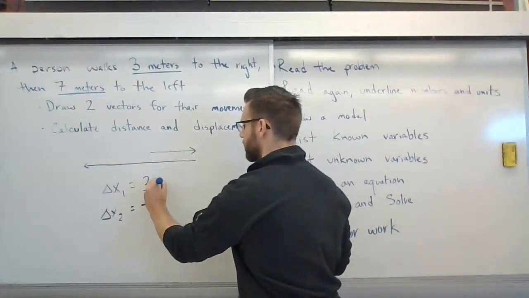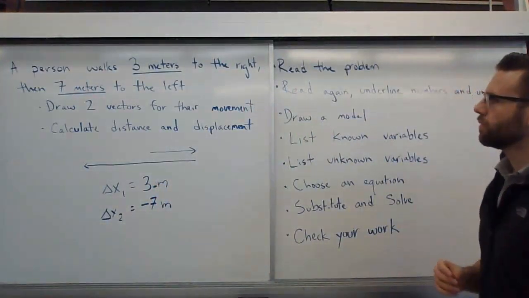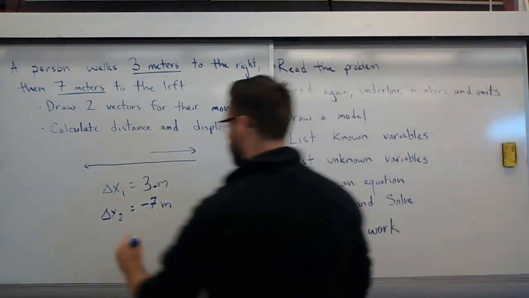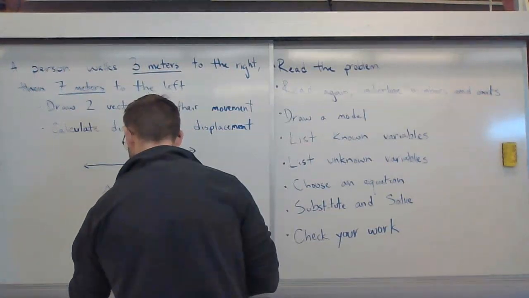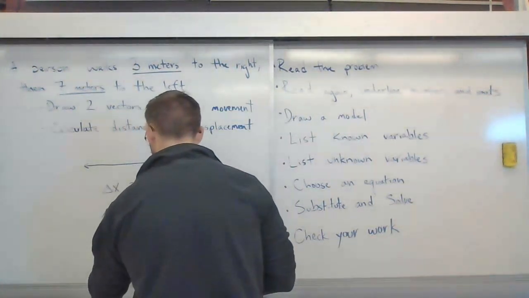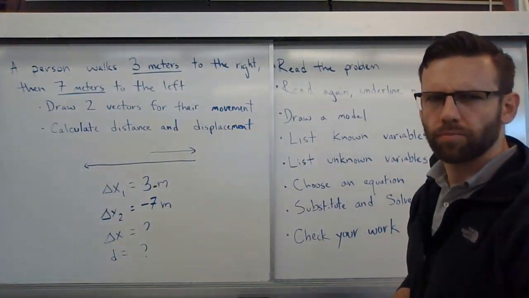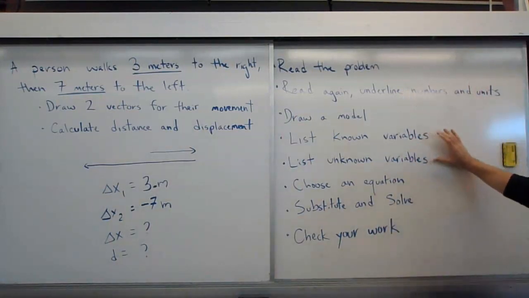And I'm going to make sure I put my units here. These are meters. All right, now I want to list my unknown. My unknown, I don't know the total displacement. I also don't know my distance. So I like to put question marks there for now. All right, so I've done this step. I've listed my knowns. I've listed my unknowns.